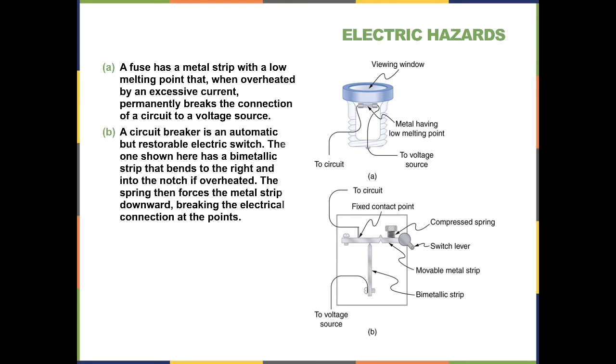Now B is a different kind of circuit breaker. It's like the switches that are inside your circuit box. What happens is that when the excess occurs, it causes an expansion based on the heat, and that moves the metal strip and flips the switch.